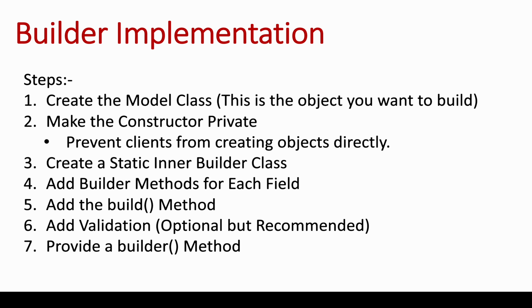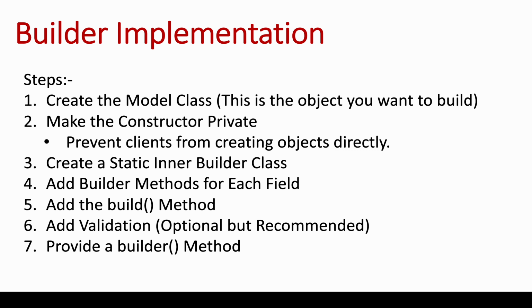What are the steps if you want to implement this builder design pattern? I have summarized steps which you can follow. You create the model class. This is the object which you want to build, and make its constructor private. Why? So as to prevent clients from creating objects directly.